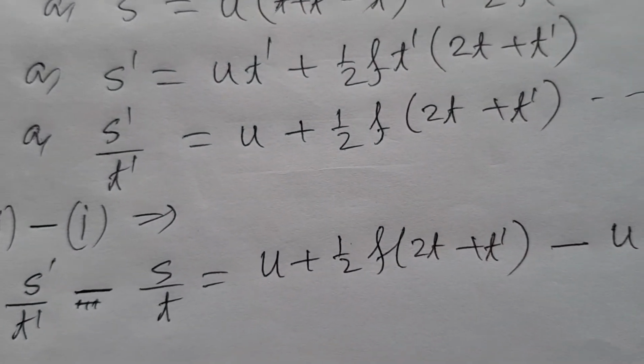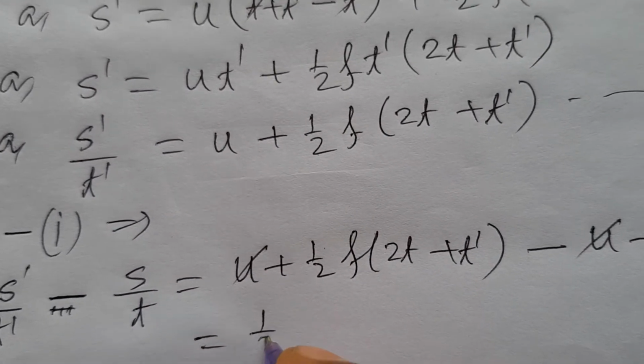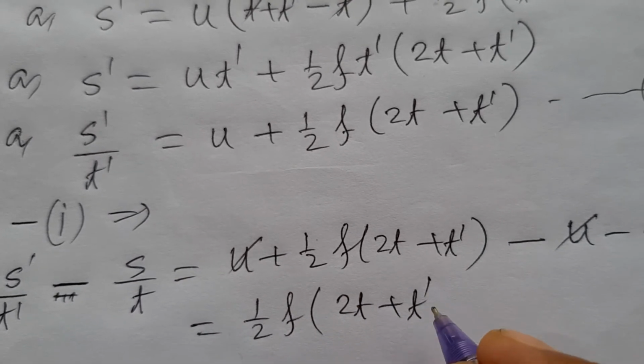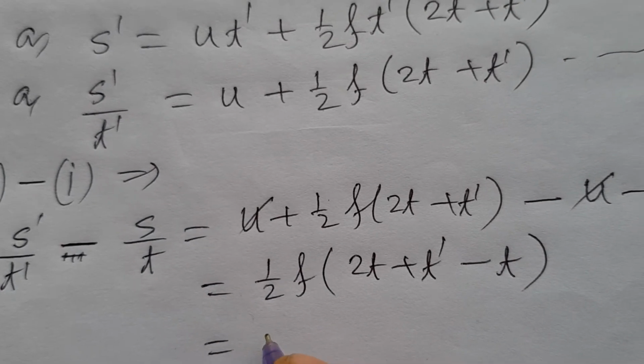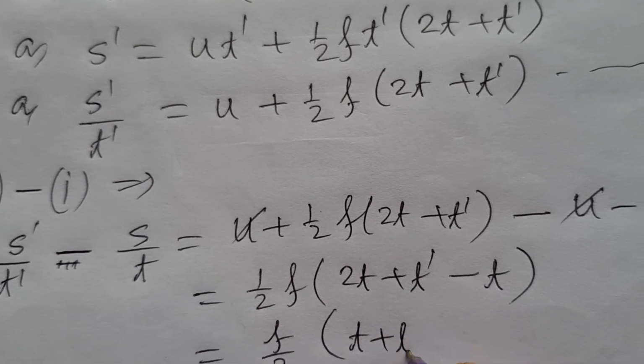Then on the right side u and u cancel, we take half of f common, and we get twice t plus t prime minus t. So we get f by 2 into t plus t prime.